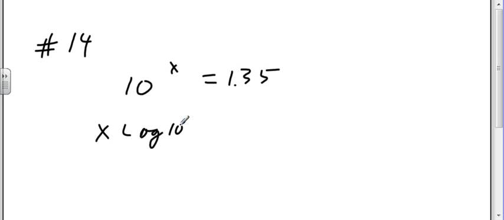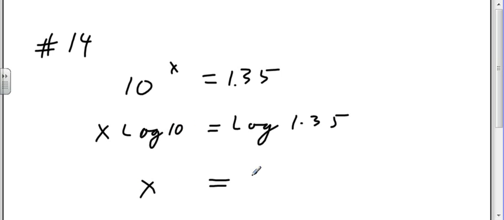Common log of 10 to the x is equal to common log 1.35, and common log 10 is 1, so x is equal to the log of 1.35. All right, so common log 1.35 is 0.1303, and we want it to 4 significant digits. Yes, we do. Okay, excellent. So that would be 14.